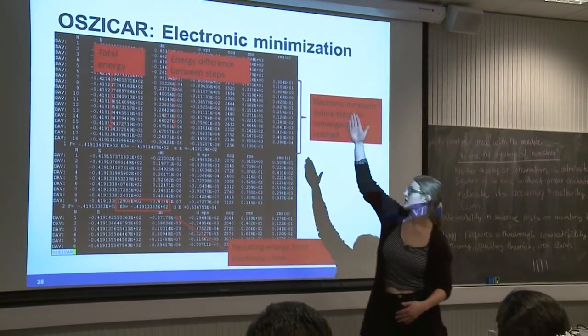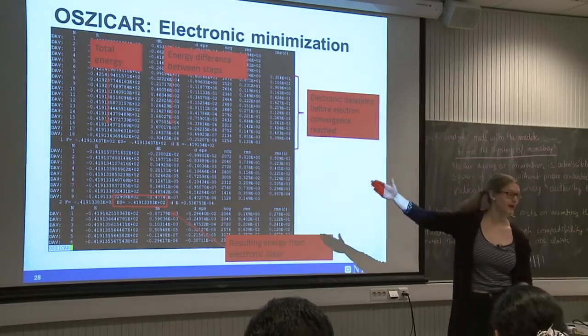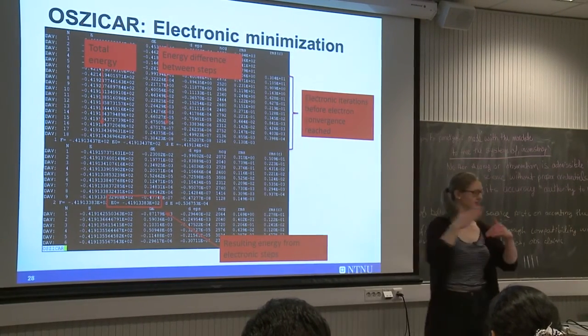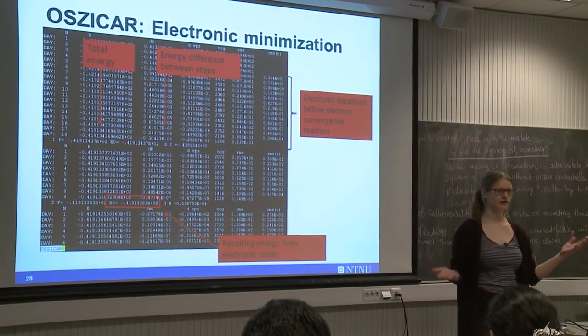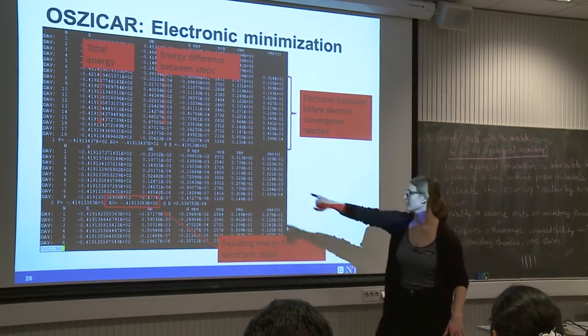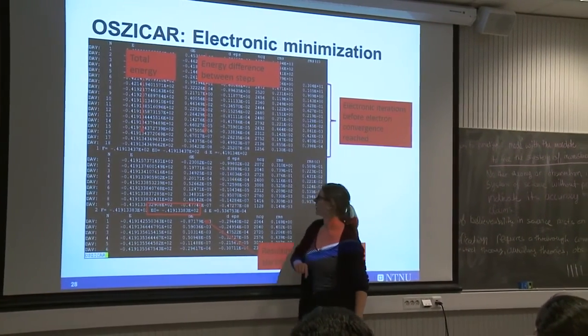So it calculates the total energy. And what you set as a break condition is actually when the energy difference between two calculated total energies becomes smaller than something, then it just breaks out of the loop. So here it's something like 10 to the minus 8 or something.